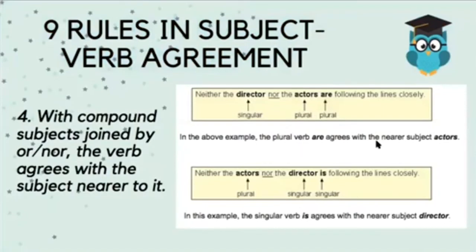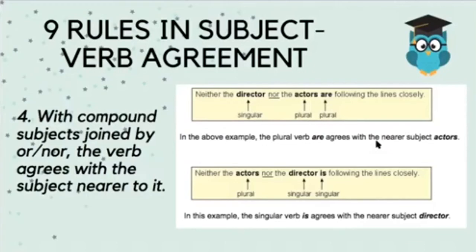The fourth rule is with compound subjects joined by or, nor, the verb agrees with the subject nearer to it. For example, neither the director nor the actors are following the lines closely. So the subjects are director and actors, but they are joined by nor.